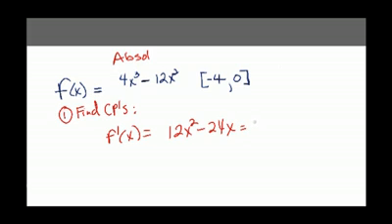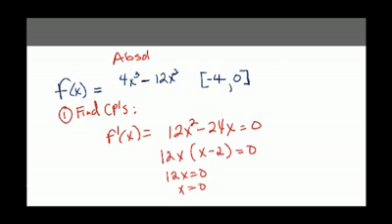If you can, try to avoid moving the 24x to the other side, because you'll divide out and eliminate one of your critical points. So in this case we have a 12x that is common, and if we factor that out we get x minus 2, and if we set each one of those individually equal to 0, we get x equals 0 and x equals 2.